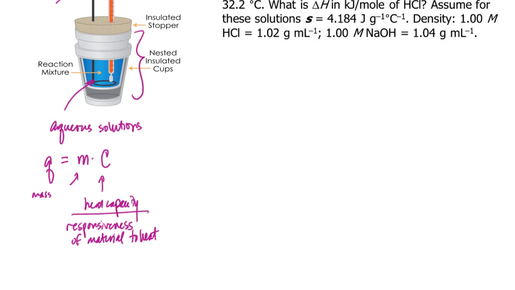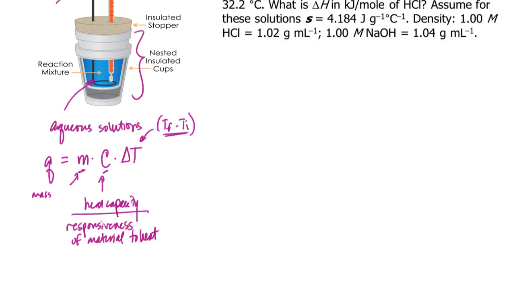Water, on the other hand, you need to apply a fair amount of energy to get its temperature to change, and so water has a higher heat capacity as compared to metals. And finally, to get back to our equation, we're going to multiply the mass times the heat capacity times the change in temperature. So again, this is going to be the final temperature of the system, from which we're going to subtract the initial temperature of the system.